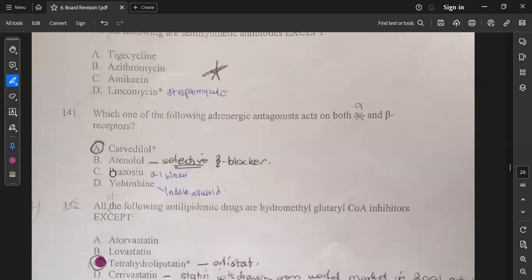The classes we have, maybe. You remember niacin increases HDL. Anything about antilipidemic drugs, the classes, briefly?